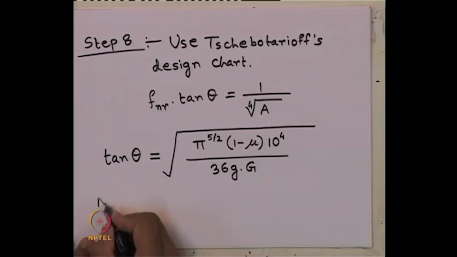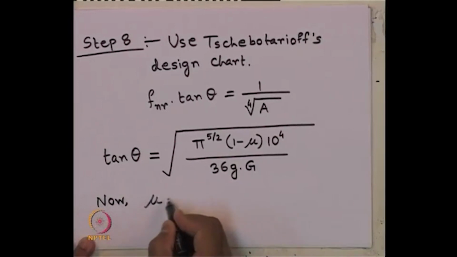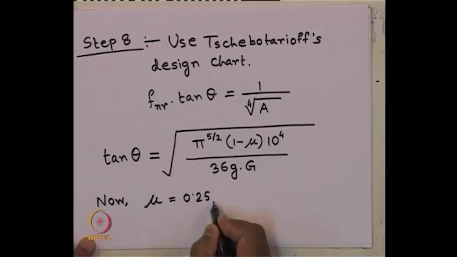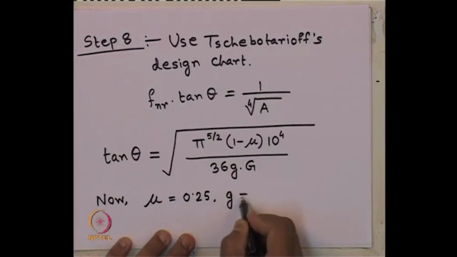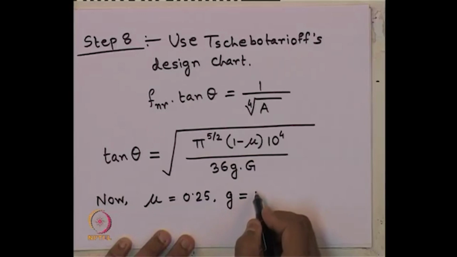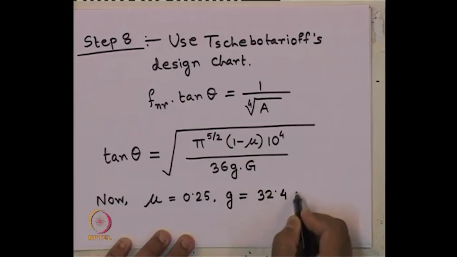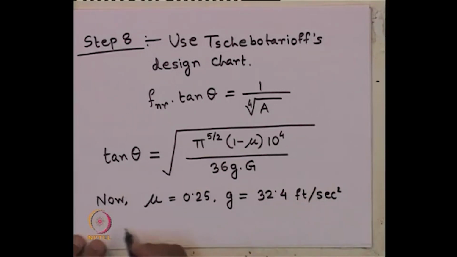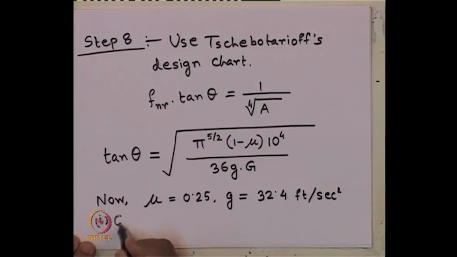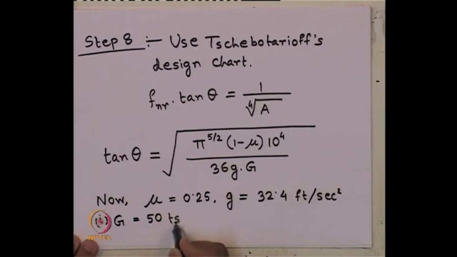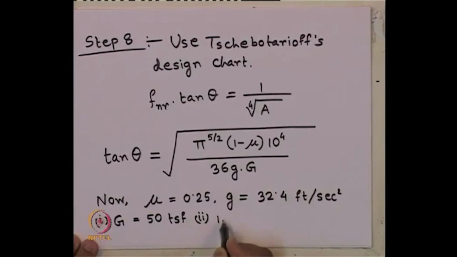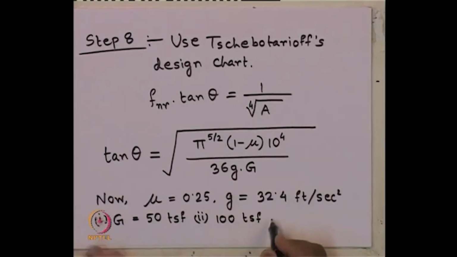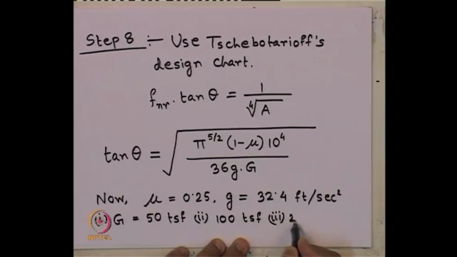So, now for the given problem, we have mu equals 0.25 for all the types of soil, acceleration due to gravity g in terms of FPS unit is 32.4 feet per second square, and we have 3 cases of capital G, that is shear modulus, as 50 ton per square feet, 100 ton per square feet and 200 ton per square feet.